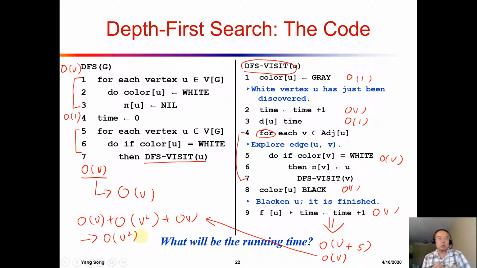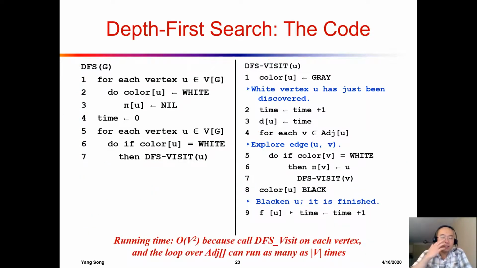Okay, so this is a very quick analysis. I would say this is the basic analysis of the algorithm, but it is not the tightest bound. We can't say that it's wrong, because O(V squared) is indeed correct, but this is not the tightest bound.